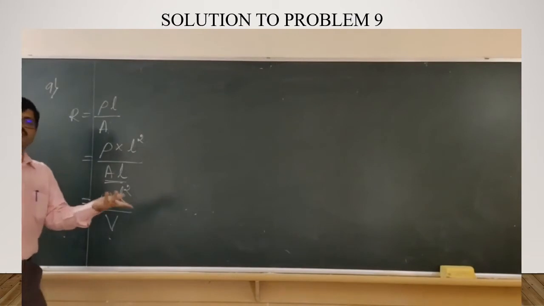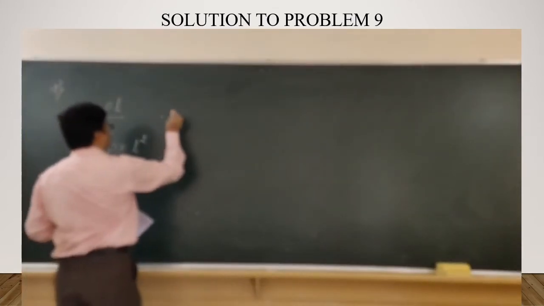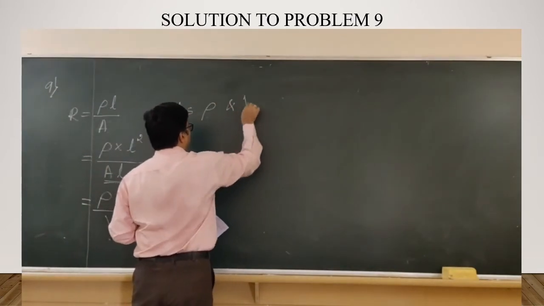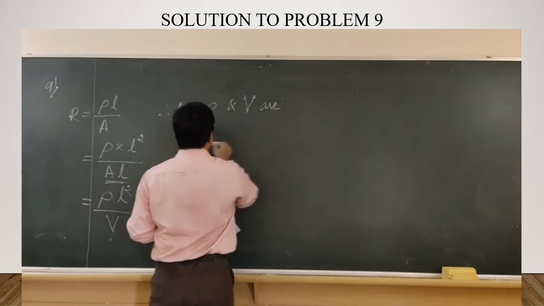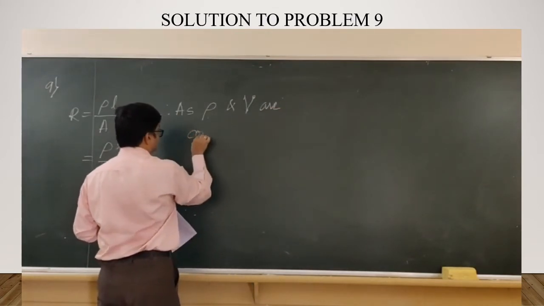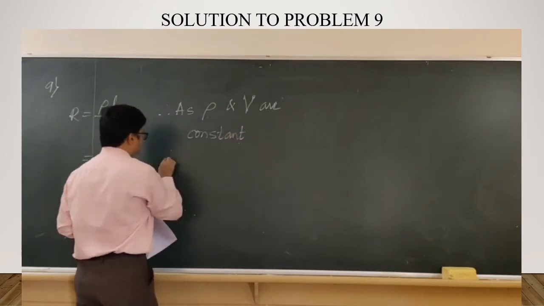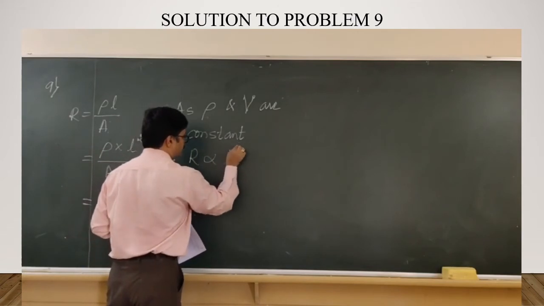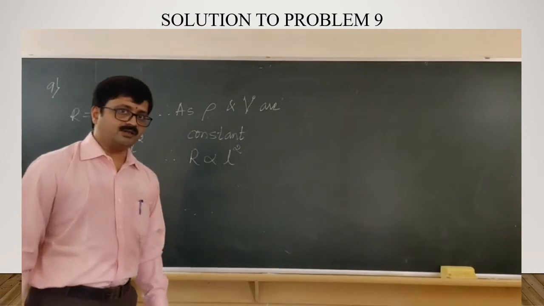Volume will not change at all. Therefore, as rho and volume are constant, resistance is directly proportional to L square. I hope this approach is clear.